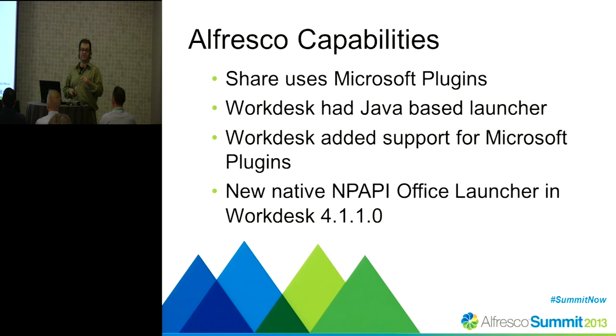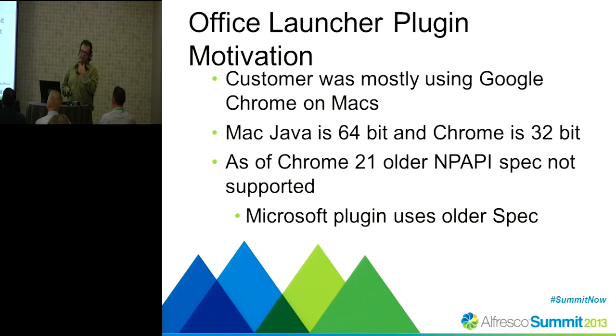Originally with Workdesk, they had a Java launcher, so they weren't using the Microsoft plugins. They added support for the Microsoft plugins in, I think, around 3.1. Now I'd like to tell you a little bit about a new plugin that we helped develop that was released in 4.1.1. We had a customer using Google Chrome on Macs.